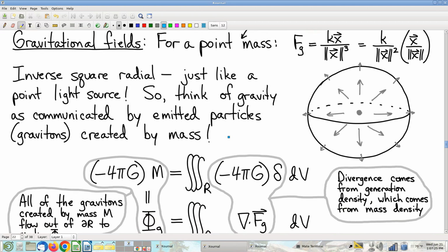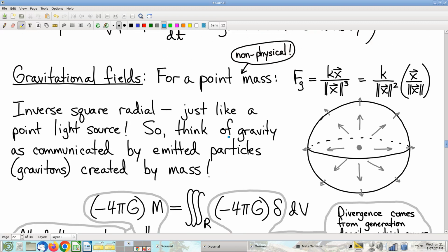Okay, I want to talk about gravitational fields. Pretty standard vector field, right? Pretty standard force field, vector field representing forces. And you've probably seen previously the formula for the gravitational field created by a point mass. Never mind the fact that that's not a real physical thing, right? But it's pretty close, and it turns out that it works just fine in practice.